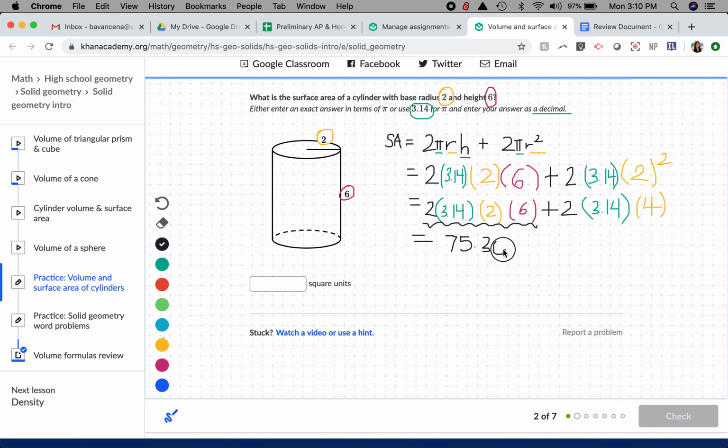And we're going to add that to whatever product we have here. So again, 2 times 3.14 is going to give us 6.28, times 4 is going to give us 25.12.